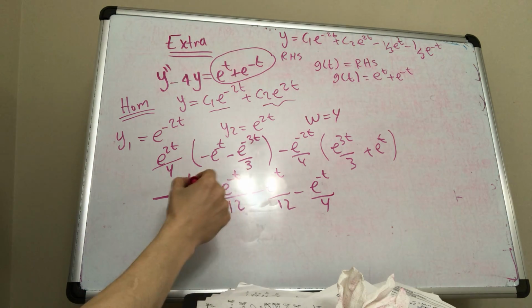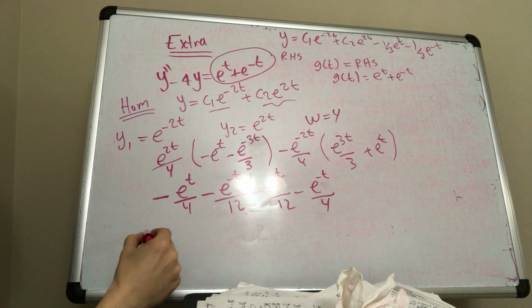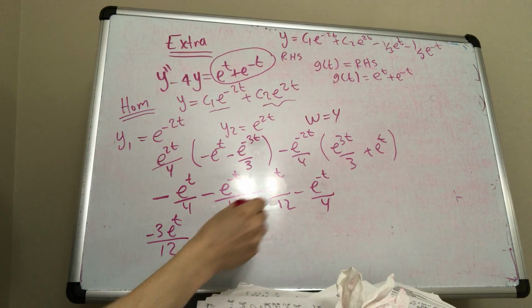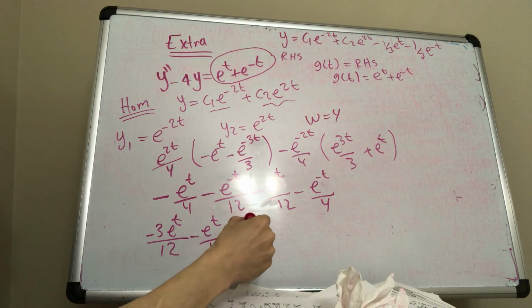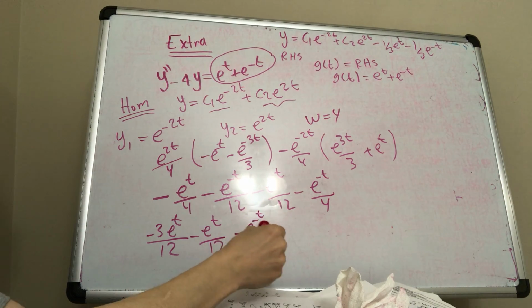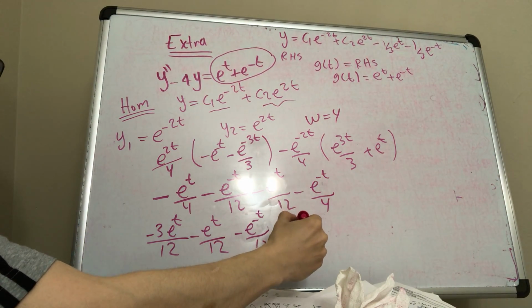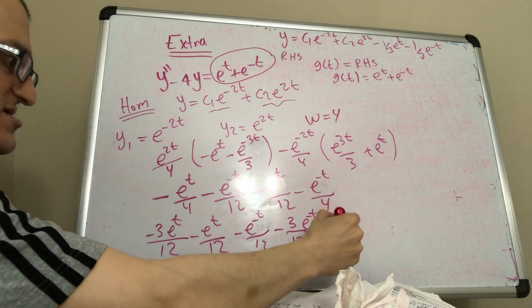So the e to the t, you have to find common denominator 12, so I can make this times 3, so 3 e to the t over 12, and I'll put this one next to it. This one is negative e^t over 12. This is negative e to the minus t. Common denominator would also be 3 over 12 e to the minus t.